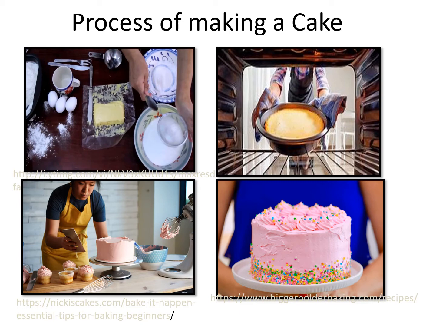First is the mixing of the dry and wet ingredients, and then the next image is putting the mix into the oven, and then the third image is about a chef decorating the cake, and the last image is the final output, the cake that will be given to the client or to the customer.